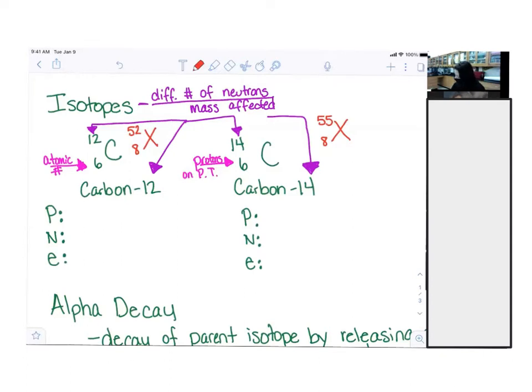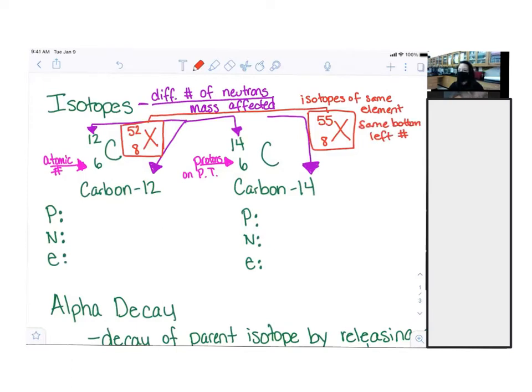And I know they're isotopes because the top number is different. So these two guys here, these are isotopes of the same element, and I know that because of that bottom number.